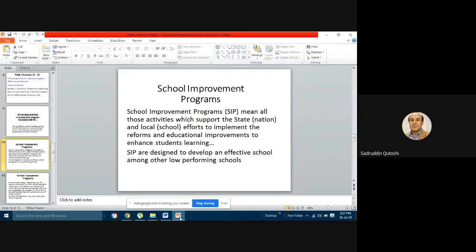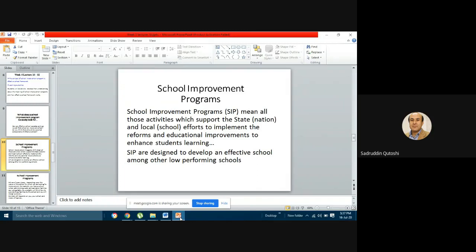That is a direct link with your students' learning outcomes, or an indirect link through those resources which the students and teachers will use in their teaching and learning to improve their teaching and their learning. So you need to first identify those essential elements of the school which are missing in your school and which have a significant role in improving students' learning.